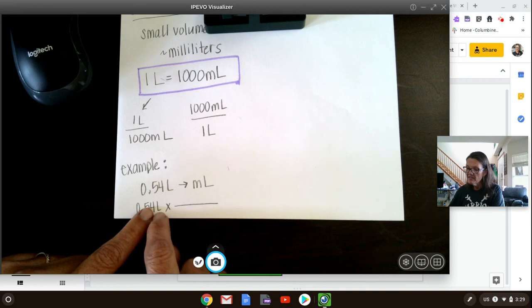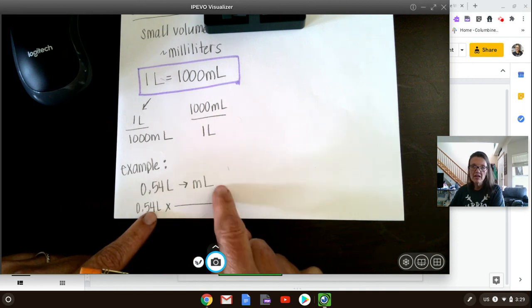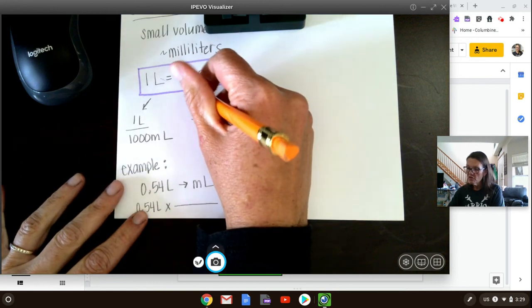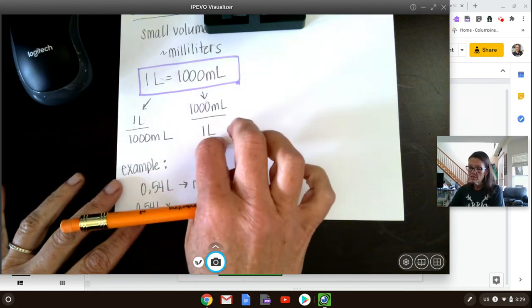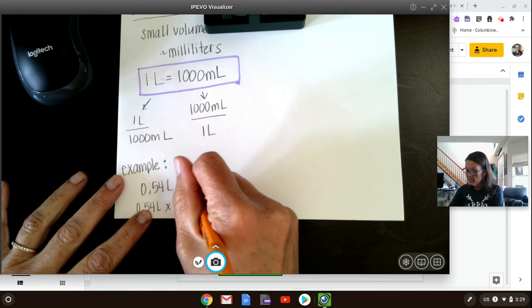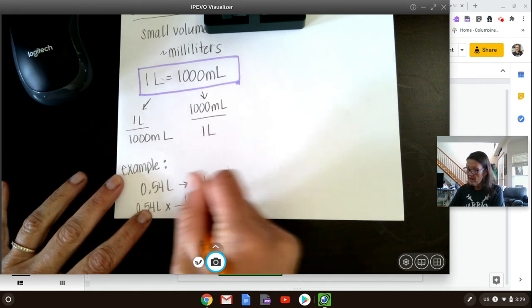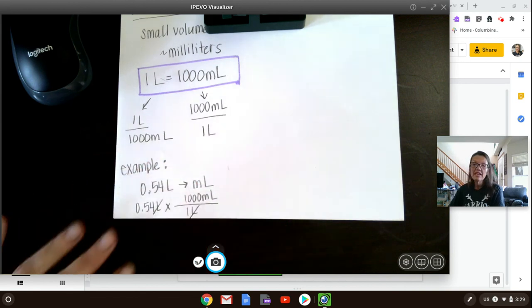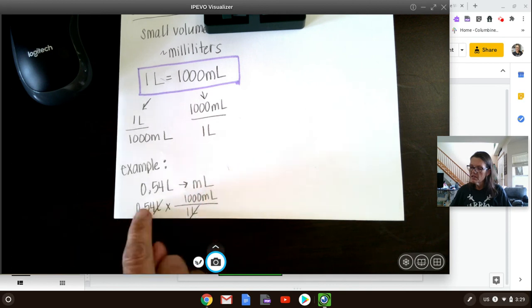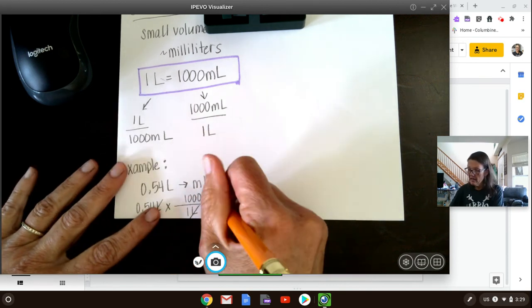So if I have liter on top, where do I want it in my fraction? I want it in the bottom. Very good. So we'll put 1 liter on the bottom and 1,000 milliliters on the top. And that word liter will cancel. And so to go from 0.54 liters to milliliters, you just multiply by 1,000.